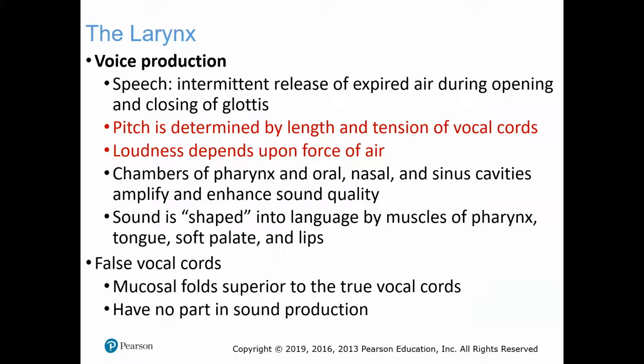And then we use our mouth and our tongue and our teeth to shape the words that we create. Sound is controlled to a great extent by the hypoglossal nerve that comes down from the medulla and innervates the tongue. So the false cords have nothing to do with sound production.